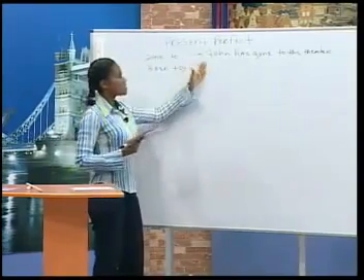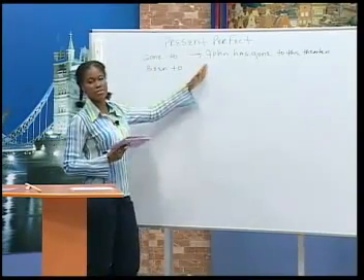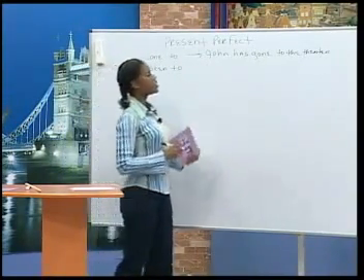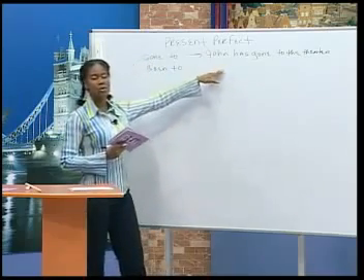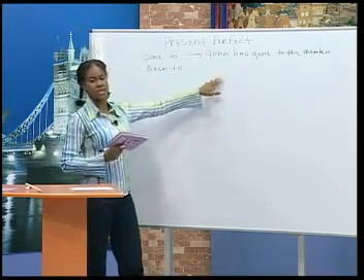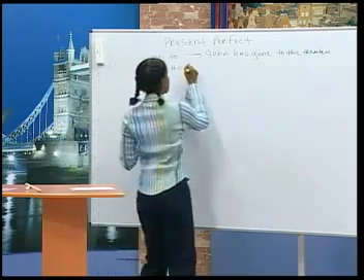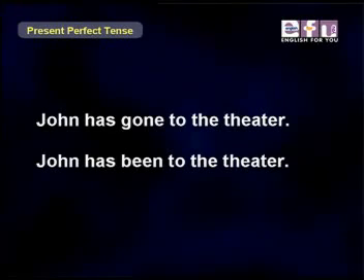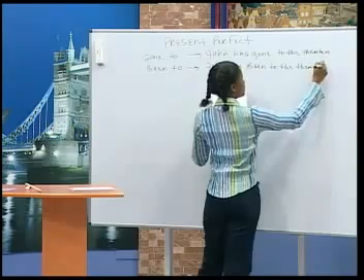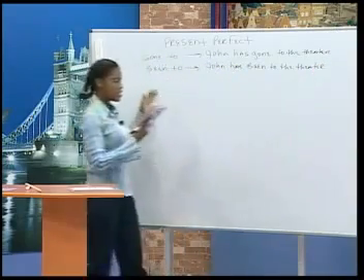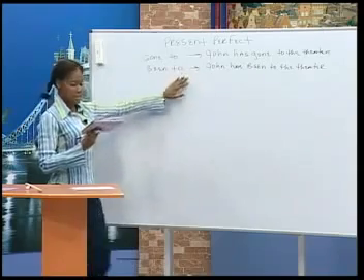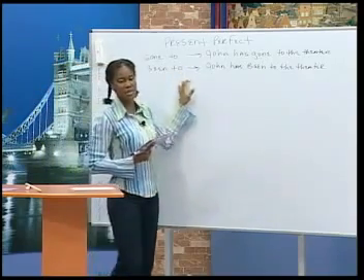This sentence means that John is there now or he is on his way to the theater. But this sentence, John has been to the theater, means in the past, John has been to the theater or he has come back from the theater.